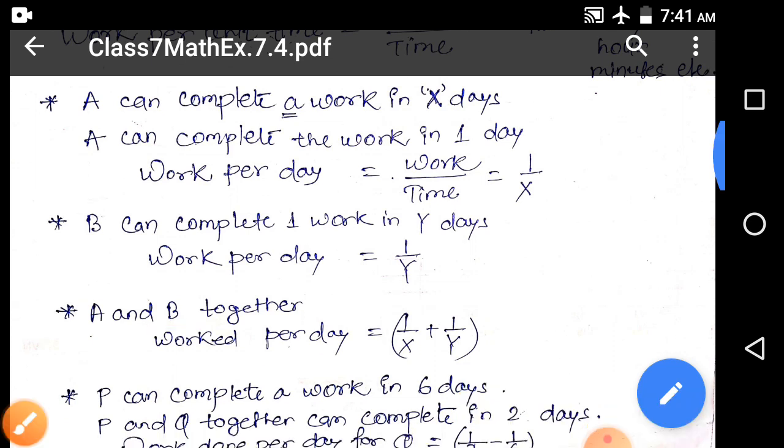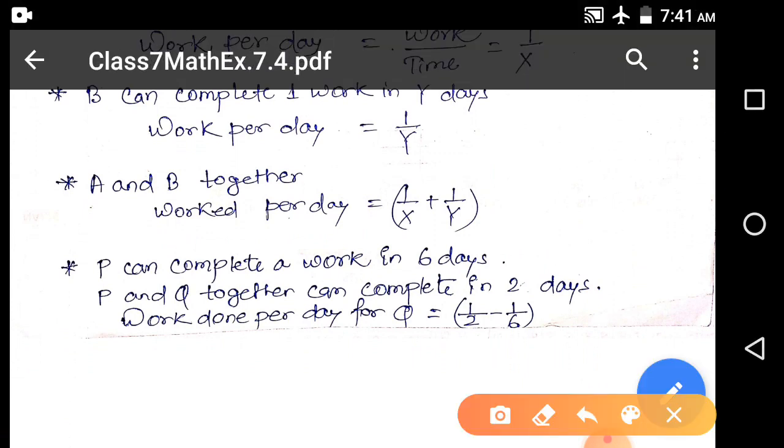Now suppose P can complete a work in 6 days, so the part of work that P can complete in 1 day is 1 by 6. You can easily understand this. Now it is given that P and Q together can complete the work in 2 days.